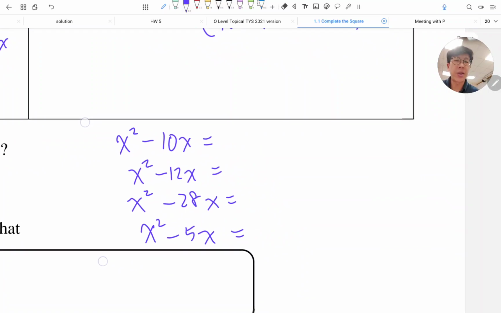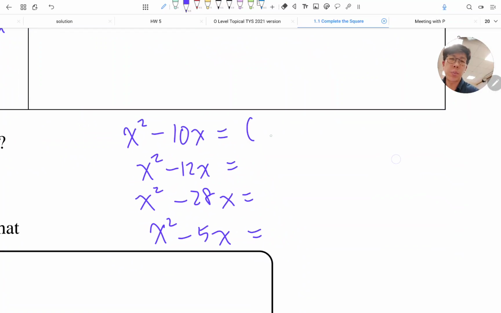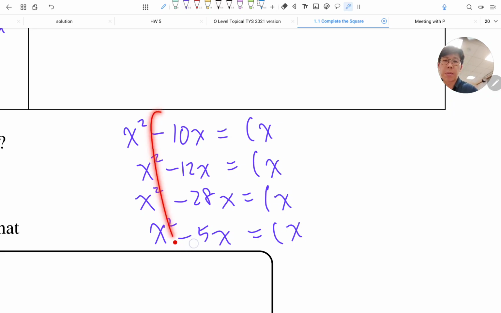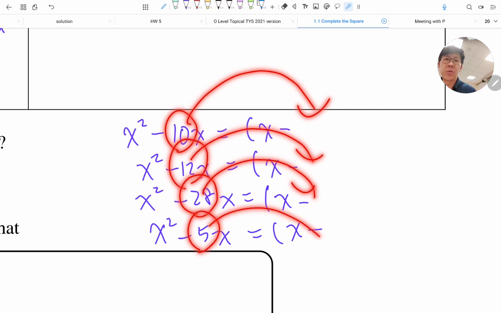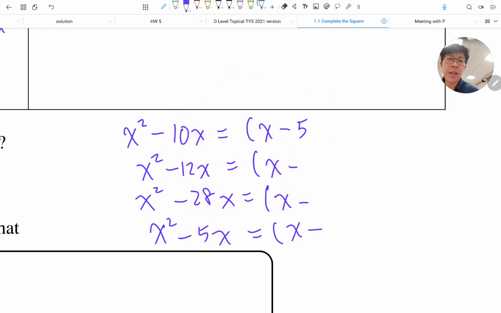So from what we have understood about the pattern, you should be able to write all of them as x, x, x, x, and because it's minus, you will write minus, minus, minus, minus. The next digit will be 10 divided by 2, 12 divided by 2, 28 divided by 2, and 5 divided by 2. So 5, 6, 14, and 5 over 2. Close the brackets and square them.